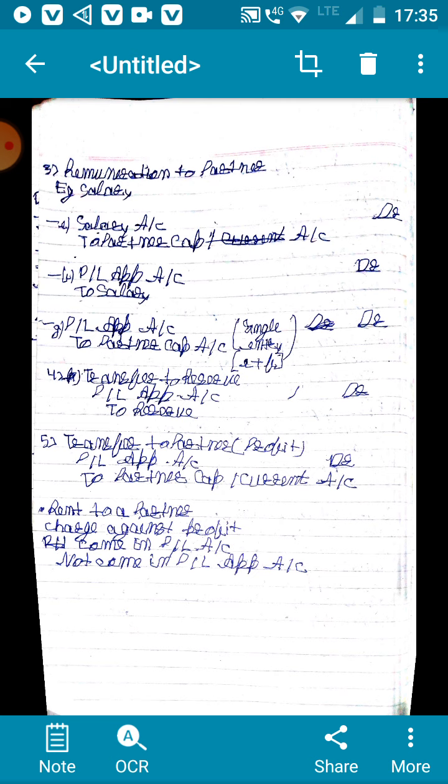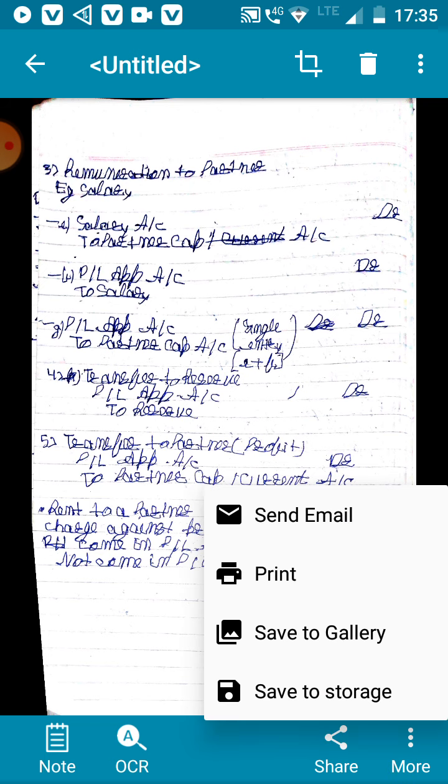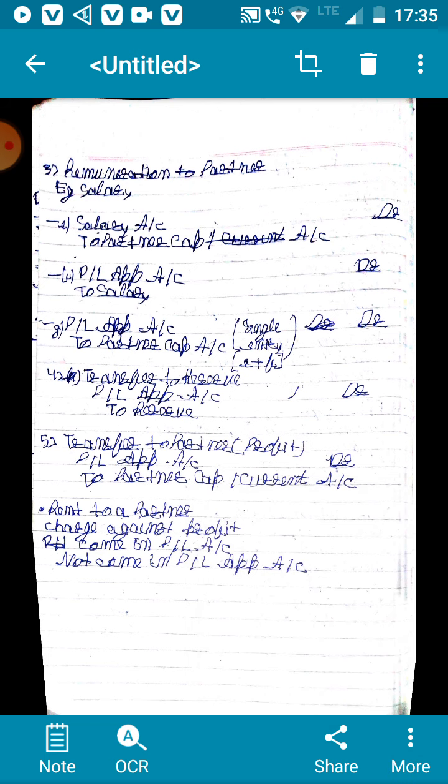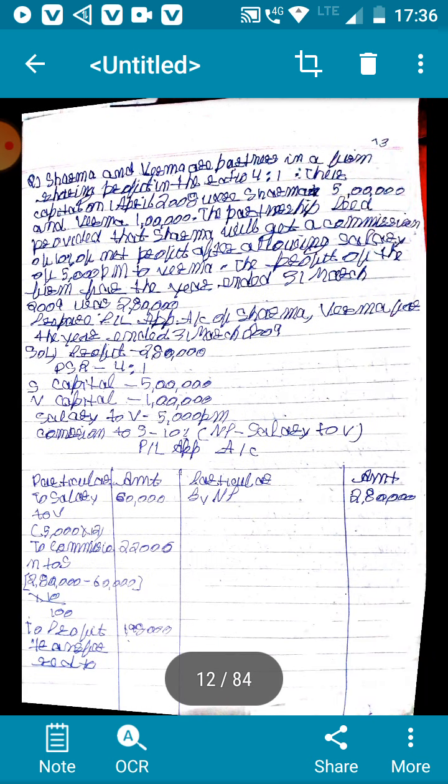Likewise, rent to a partner is also charged against profit. It does not come in the profit and loss appropriation account. It comes only in the profit and loss account.